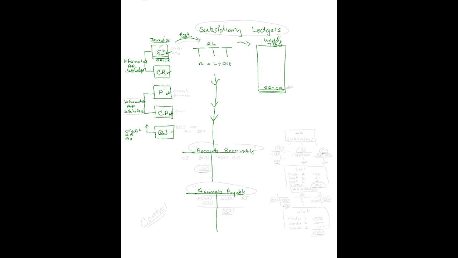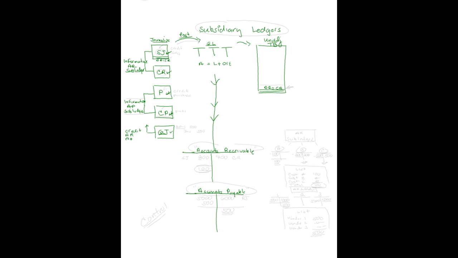I'd like to bring down two accounts out of our general ledger now, make them a little bigger and look at them. An asset, accounts receivable, and a liability, accounts payable.